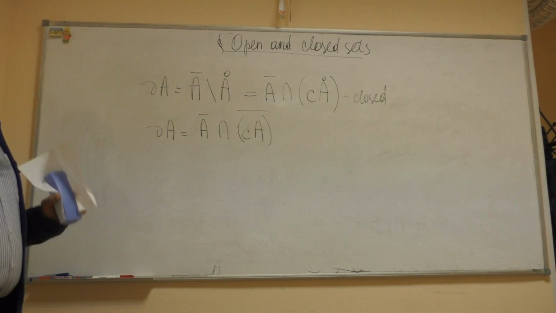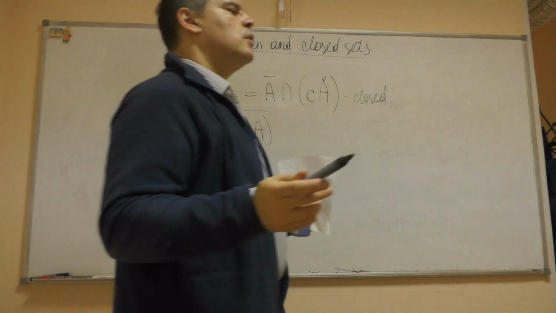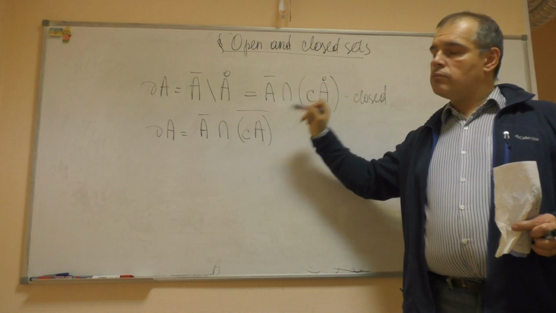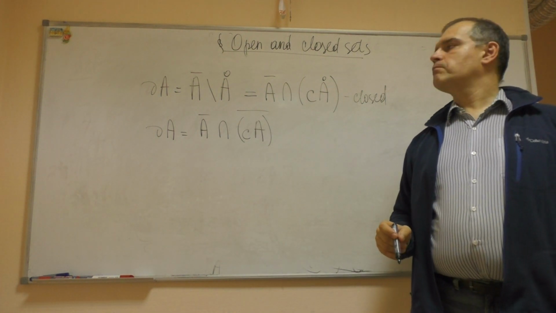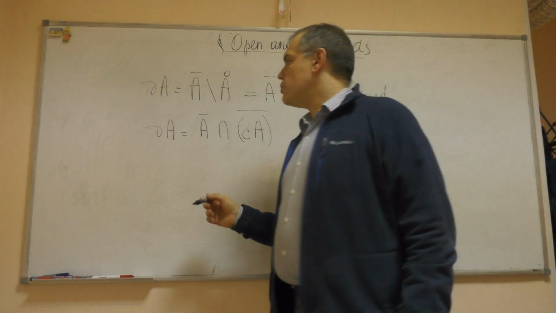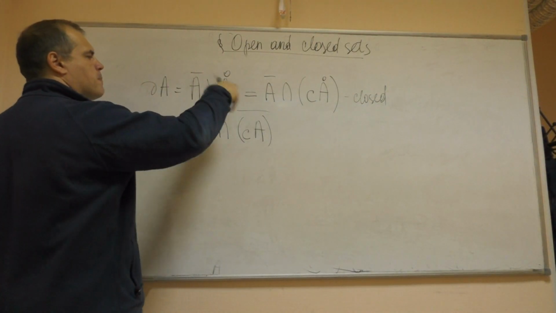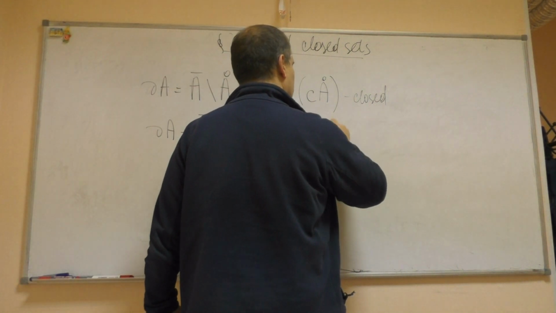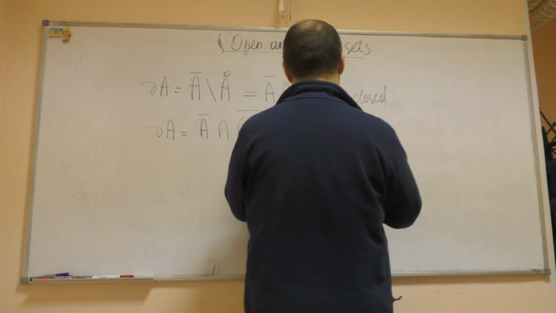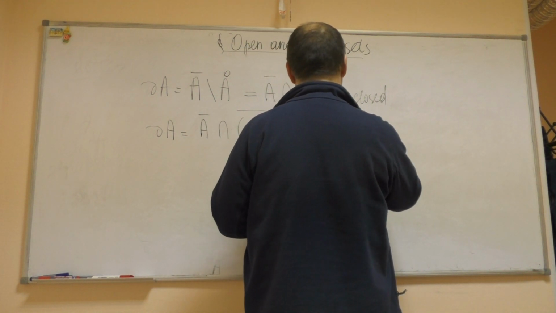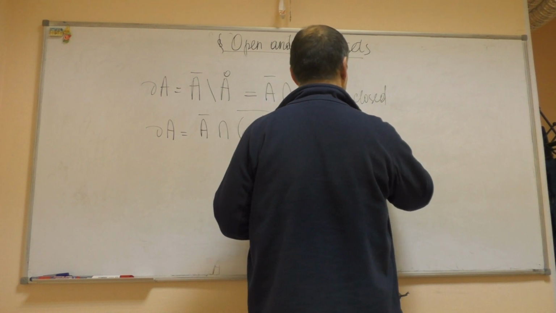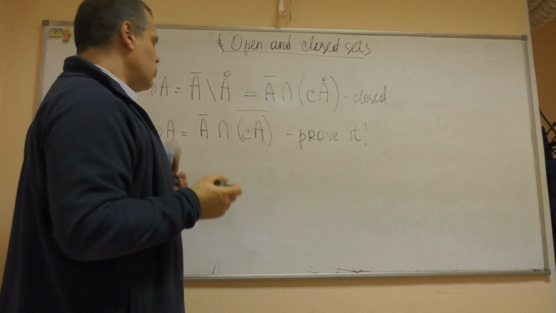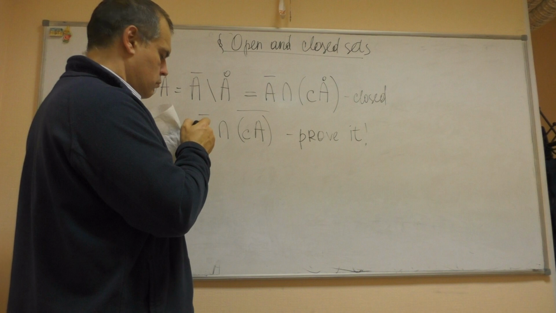So it's a set of points that are limit points to both A and the complement of A. So it is actually the same, but it needs to be proved. Prove it, please. So this is all for this paragraph. Thank you very much.